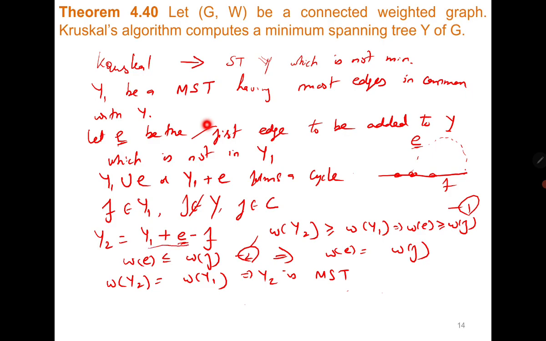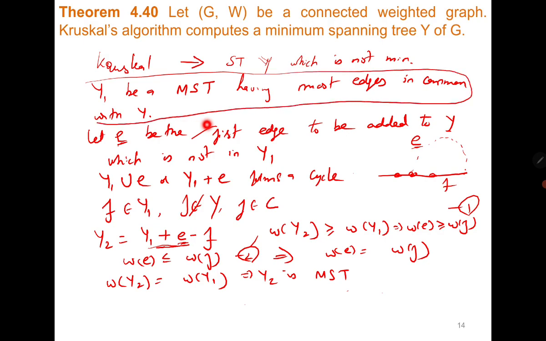So even if you see Y2 as Y1 plus E, then Y2 has more edges in common with Y. So Y2 is a minimum spanning tree which has more edges in common with Y. But we have assumed that Y1 is a minimum spanning tree having most edges in common with Y, which is a contradiction.